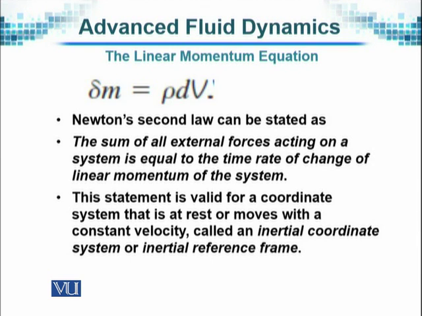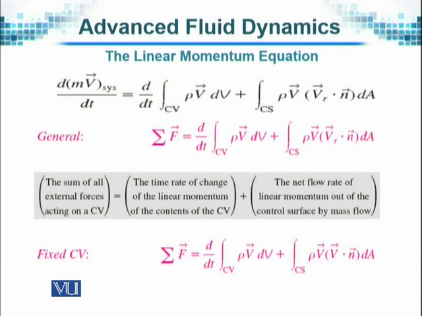We can write the equation in this form: d by dt of mv over the system is equal to, written in the integral form so that the variation in the density and other things can be taken care of if there is any change. But in most cases, if rho is constant, it can come out of the integral and be treated as constant.